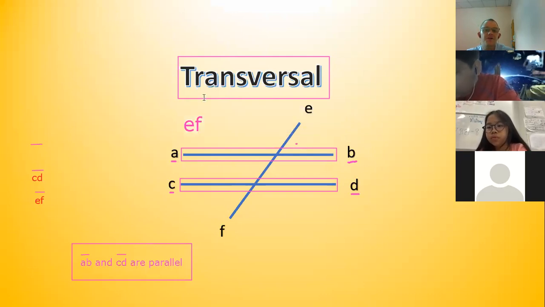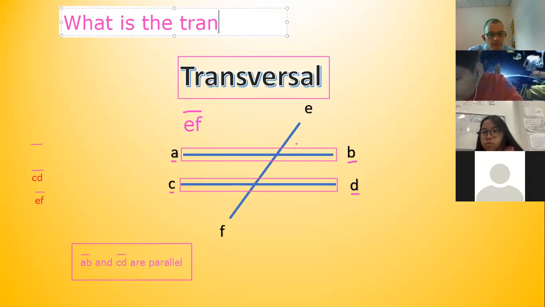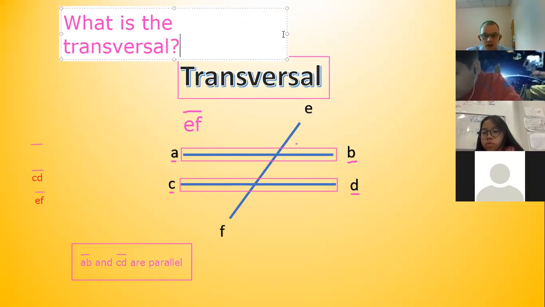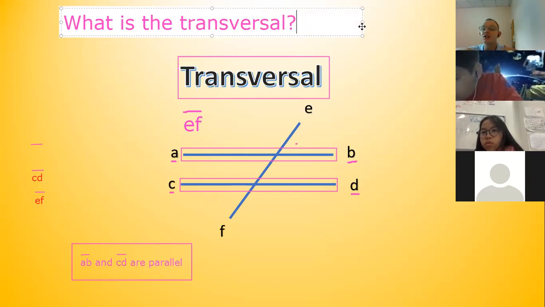The line EF here, what we can say is it's intersecting, but the teacher can also ask you, if AB and CD are parallel, what is the transversal? Now, when they ask for the transversal, they ask for one thing.